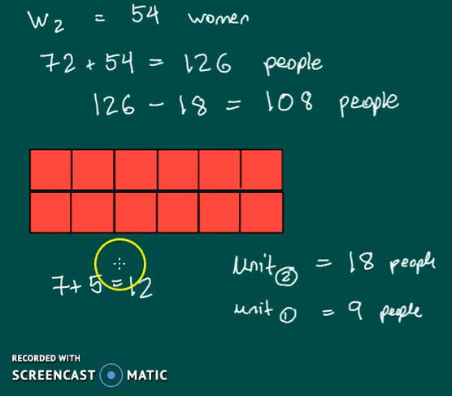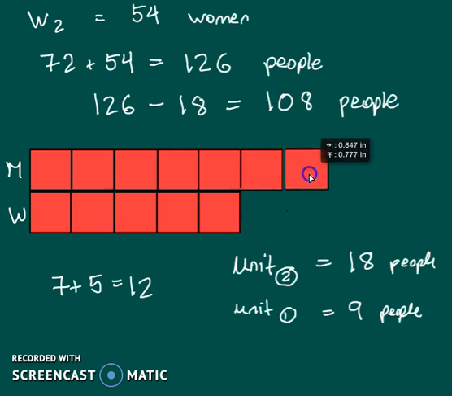And now how do we turn these smaller units into a 7-to-5 ratio of men to women? Well, all we have to do is move one of these 12 units over, and now there are 7 small units representing men and 5 small units representing women.